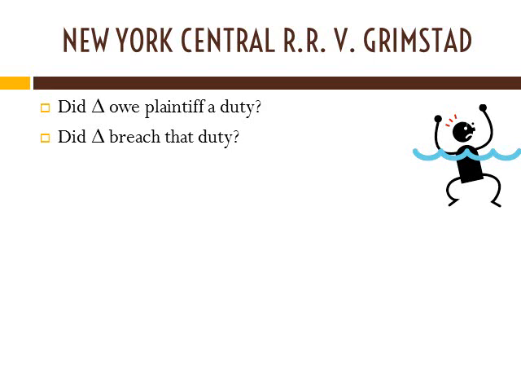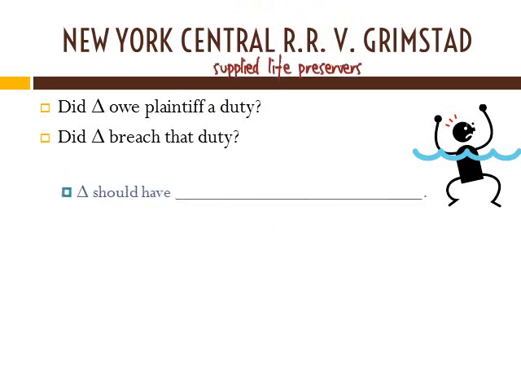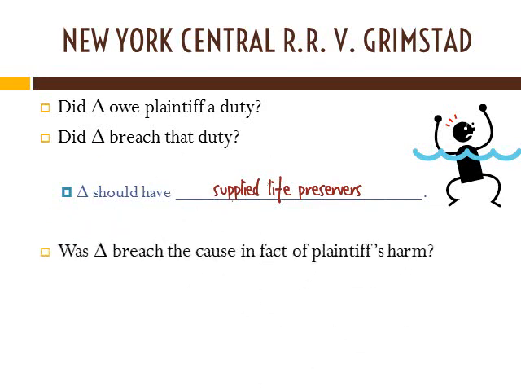In this case, the plaintiff was saying, well, the defendant should have supplied life preservers on the barge so that if somebody fell off, he had something to throw to them to save them. And that sounds pretty good. It seems like a reasonable thing to put on your barge, to have life preservers. And so she was successful in establishing that there was a breach of duty.